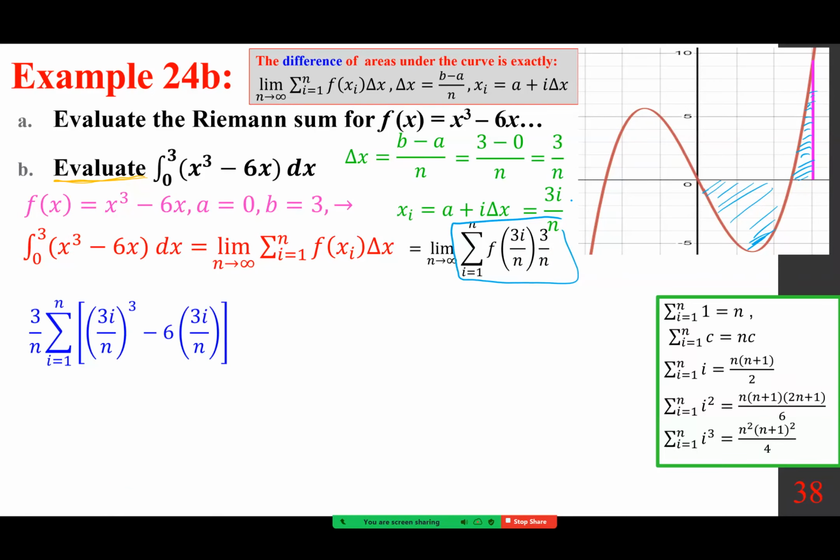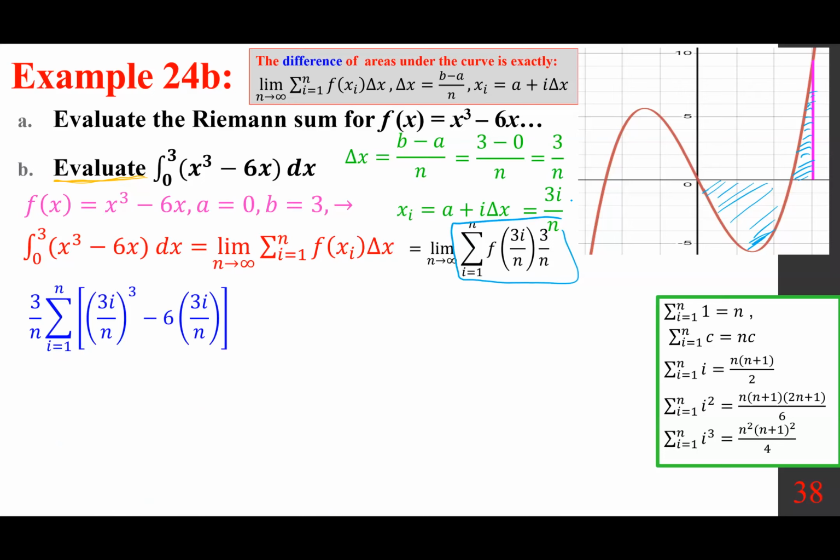First, let's plug in. And 3 over n, we put it in the beginning or at the end, makes no difference, okay? So this one is 27 i cubed over n cubed. This one is minus 18i over n.